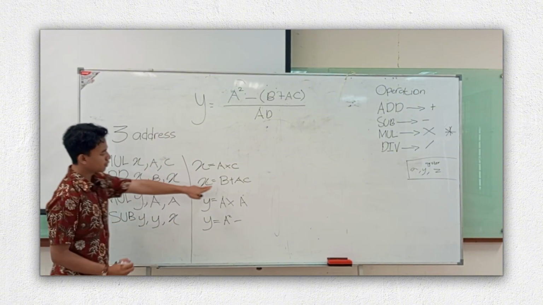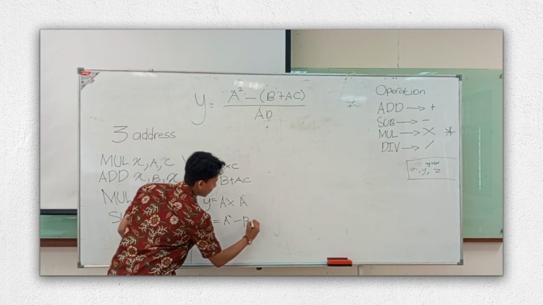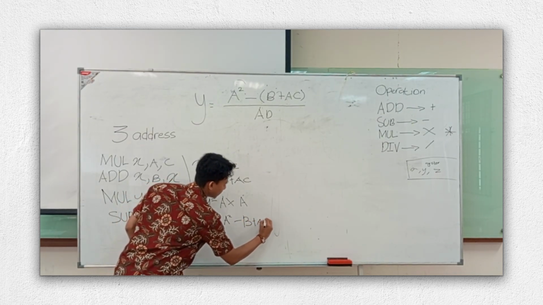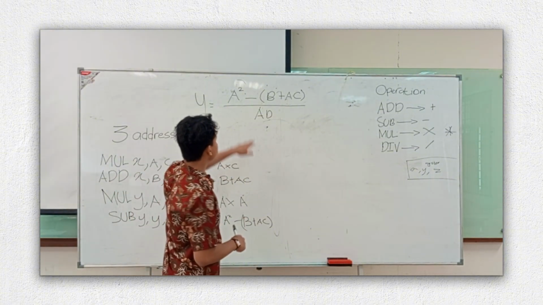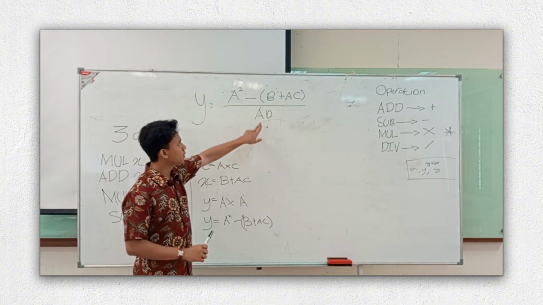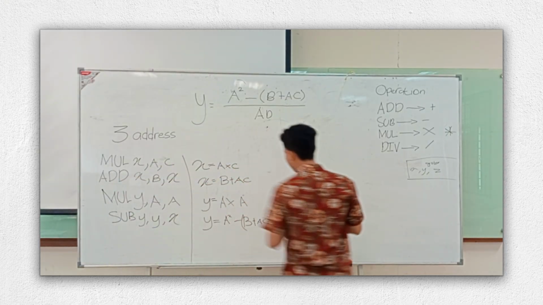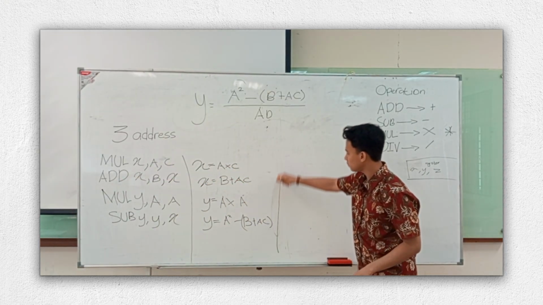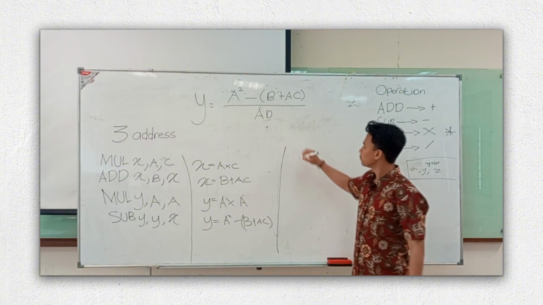Okay, so here it's going to be B plus AC. But before we can do the division, we need to do the A times D first. So A times D, we can do mul.